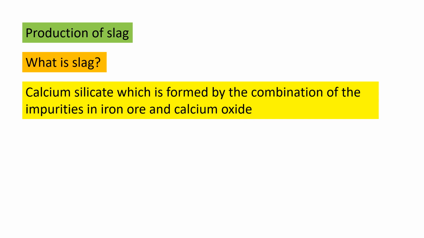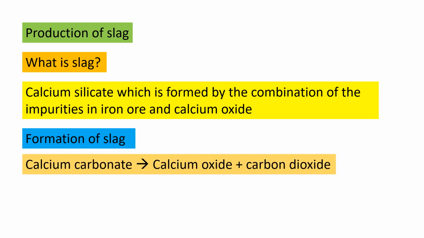So you throw in calcium oxide, which is from the limestone. It reacts with all these impurities to form calcium silicate. It forms into a compound, and then the entire compound gets removed so that only the iron remains. So the formation of slag: calcium carbonate, which is limestone, decomposes into carbon dioxide and calcium oxide because, as I say, everything here happens at a very high temperature.